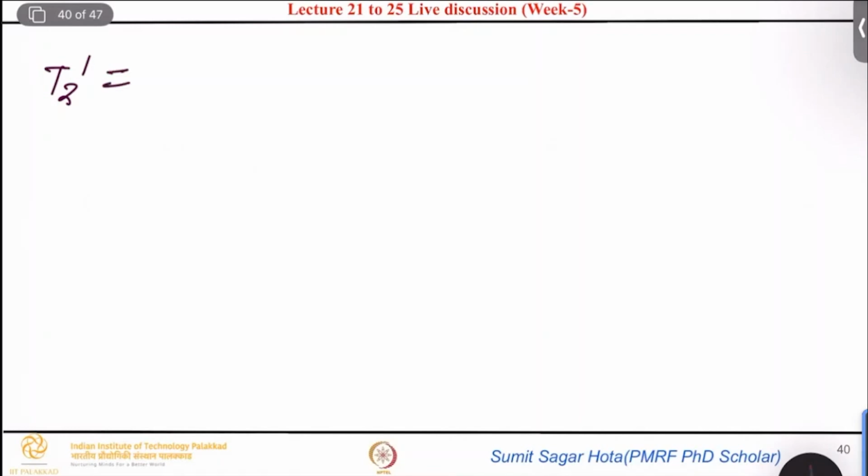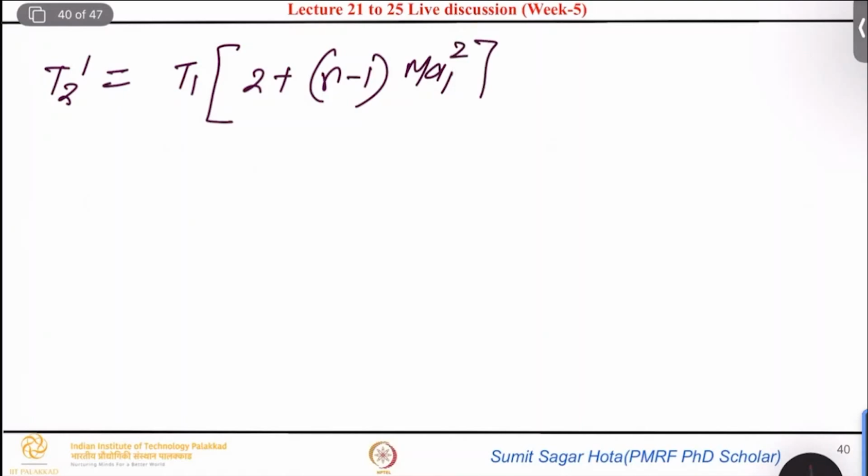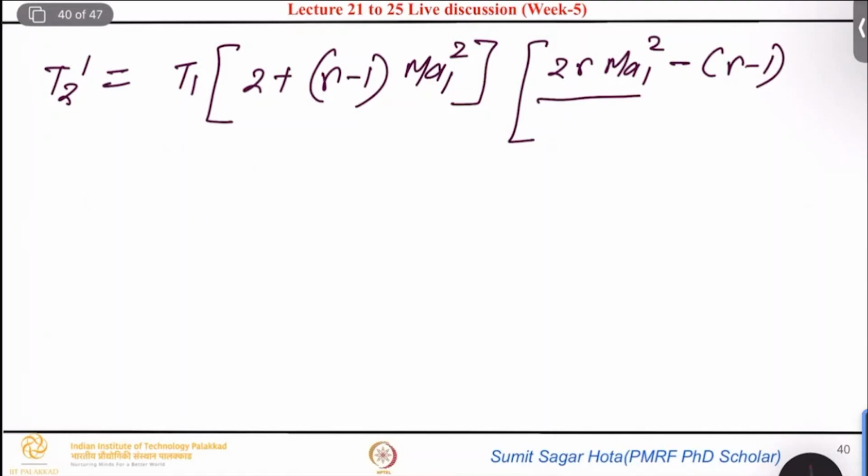Similarly, T2 dash is equal to T1 times 2 plus gamma minus 1 into Mach number 1 square, times 2 gamma Ma1 square minus gamma minus 1, divided by gamma plus 1 square Ma1 square.